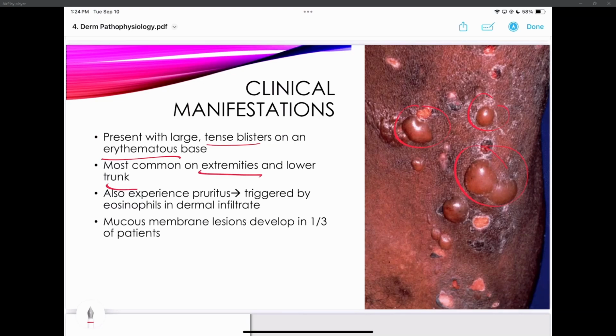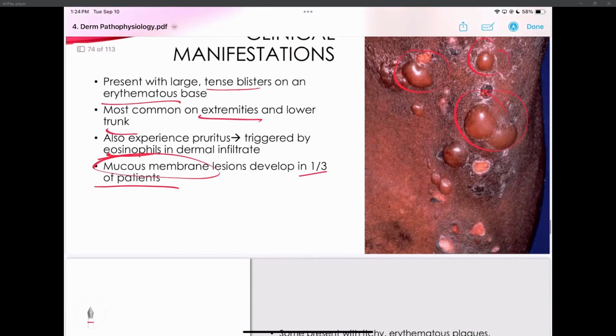Okay. Patients also experience pruritus, so some itching going on, triggered by the eosinophils that are in the area. Mucous membrane involvement occurs in one third of patients. So you can have mucous membrane involvement with bullous pemphigoid.